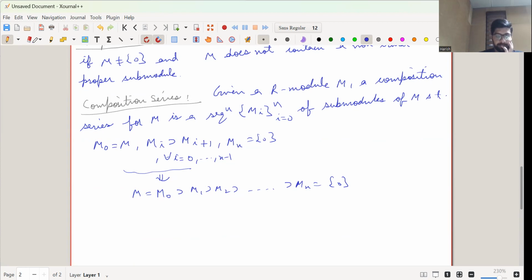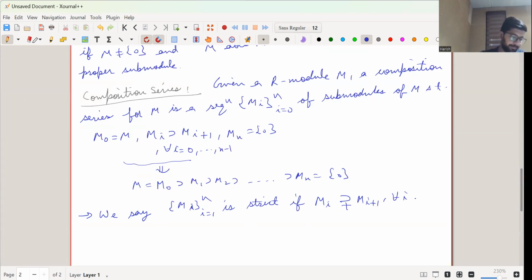Now we say that this composition series Mi, i equal to 0 to n, is strict if Mi properly contains Mi plus 1 for all i.